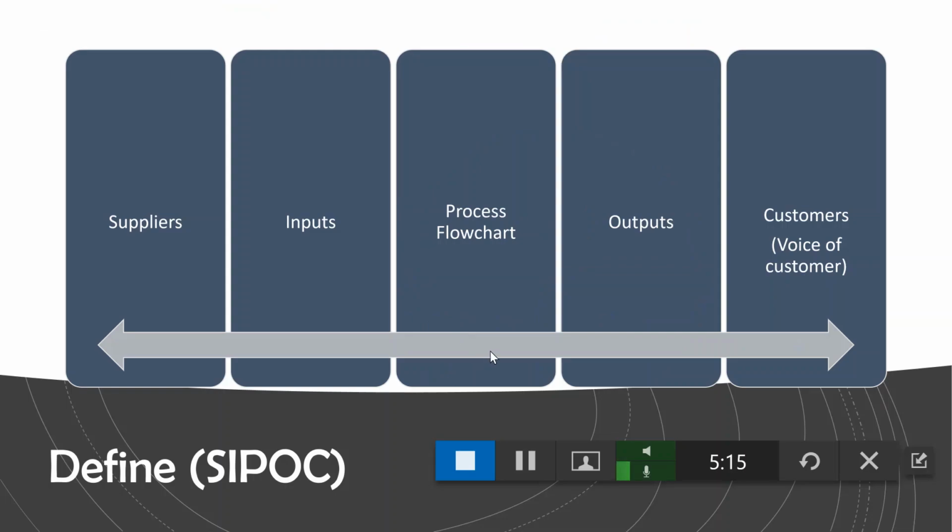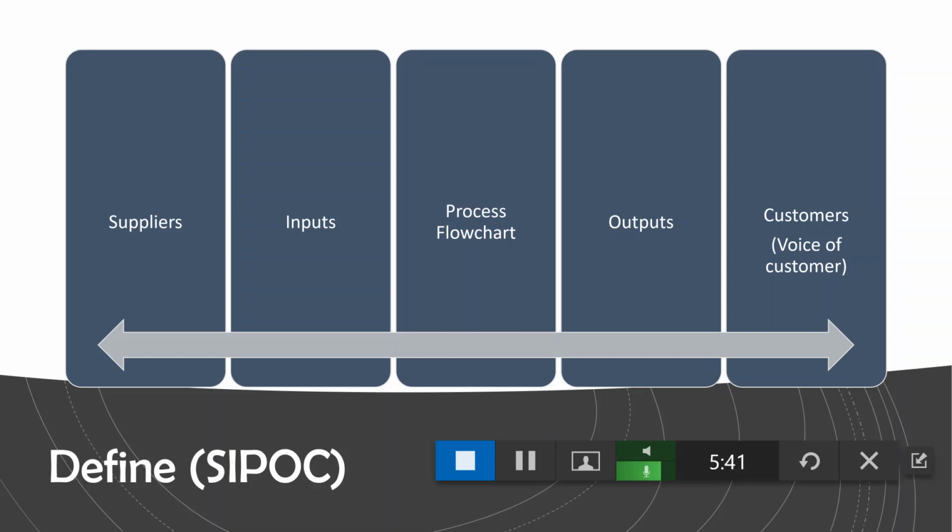Each one of these steps has multiple tools you can use to accomplish them. This video has a selection of some of those that are most relevant to sustainability. The first step is define, and one of the most holistic ways to identify and define the problems is called SIPOC, for the 5 steps: defining suppliers, inputs, process, outputs, and customers.